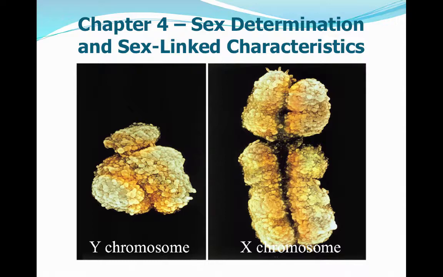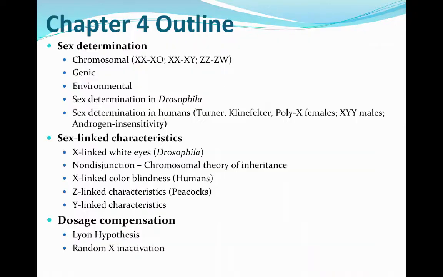We can see that there's a whole lot more genetic material associated with the X chromosome compared to the Y. But both of them encompass a lot of very important genes for the determination of sex in a species.